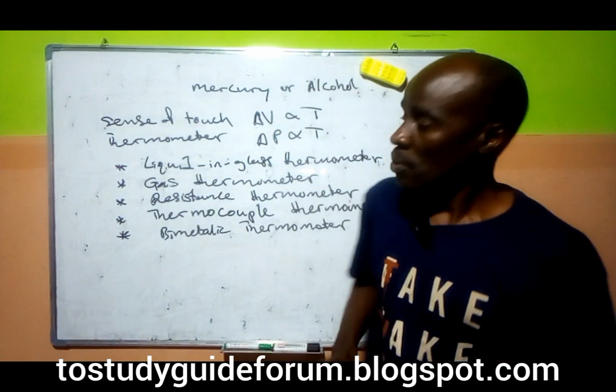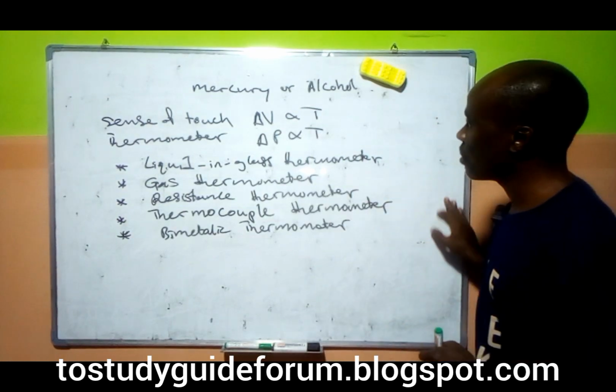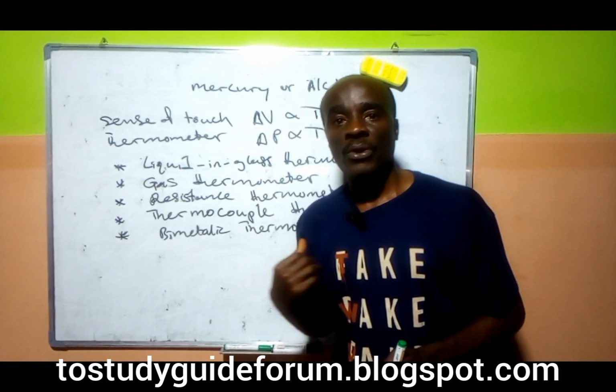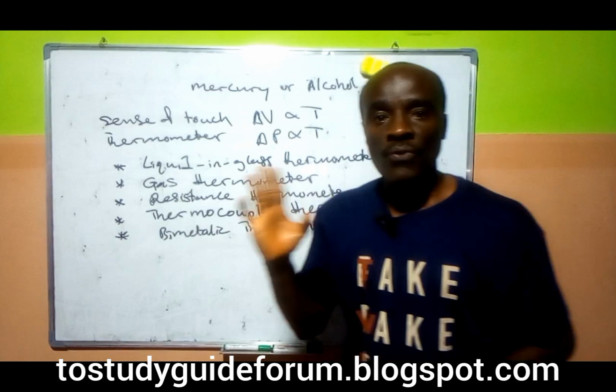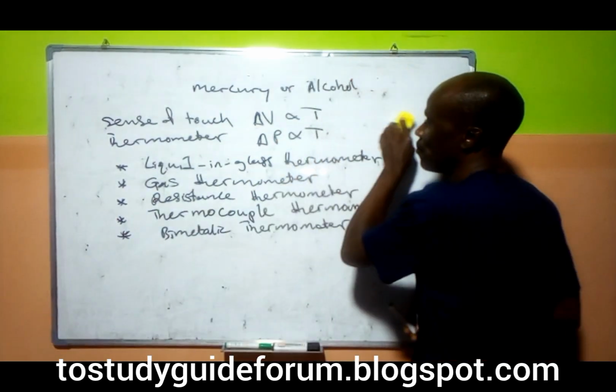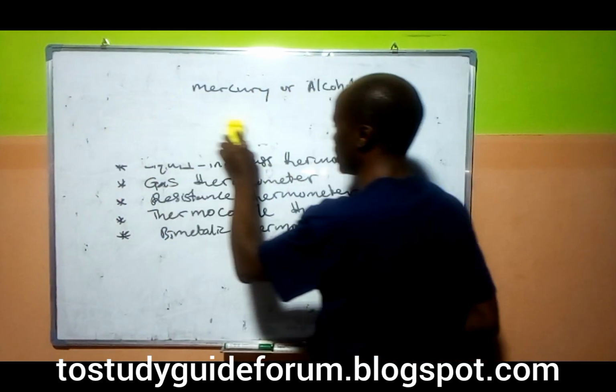The next thing we said we are going to talk about is the fixed points of the thermometer. A thermometer has two fixed points. I said it has what? Two fixed points.